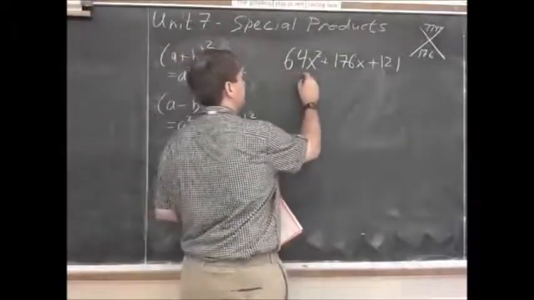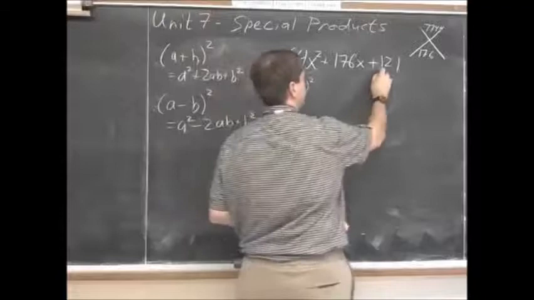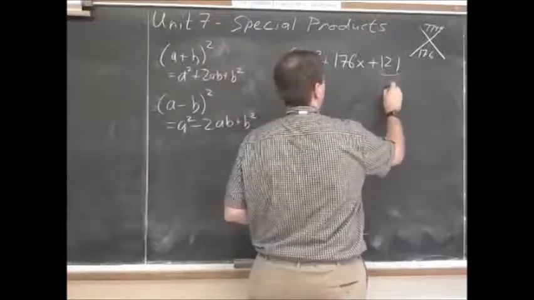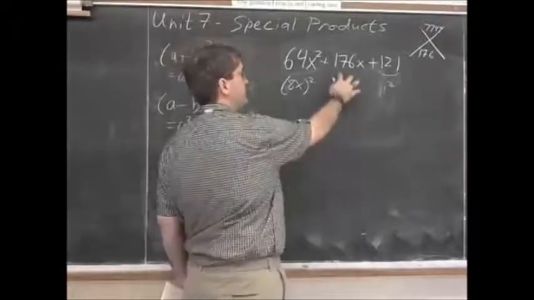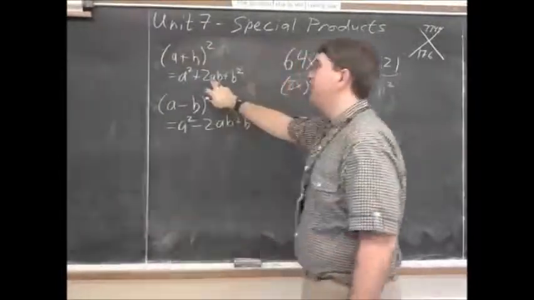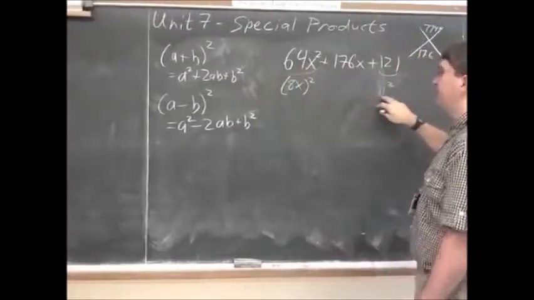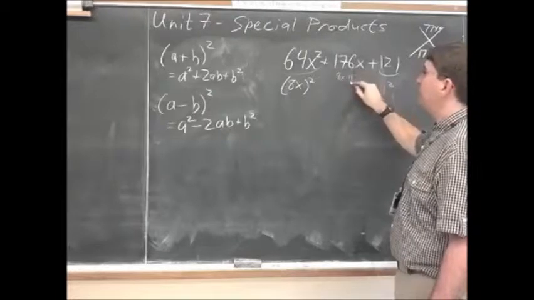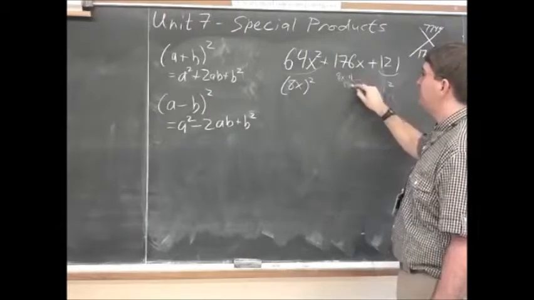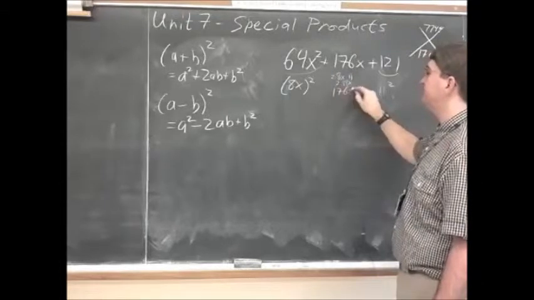We can see that 64x squared is the square of 8x, and 121 is the square of 11. It's not enough to just notice that. We have to check the middle term too: we have to verify that it's 2 times the product of 8x and 11. Well, 8x times 11 is 88x, and 2 times 88x is indeed 176x.